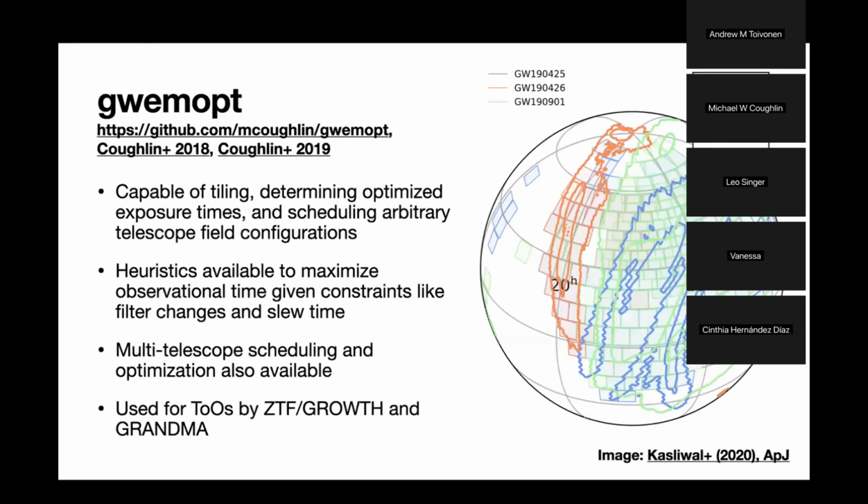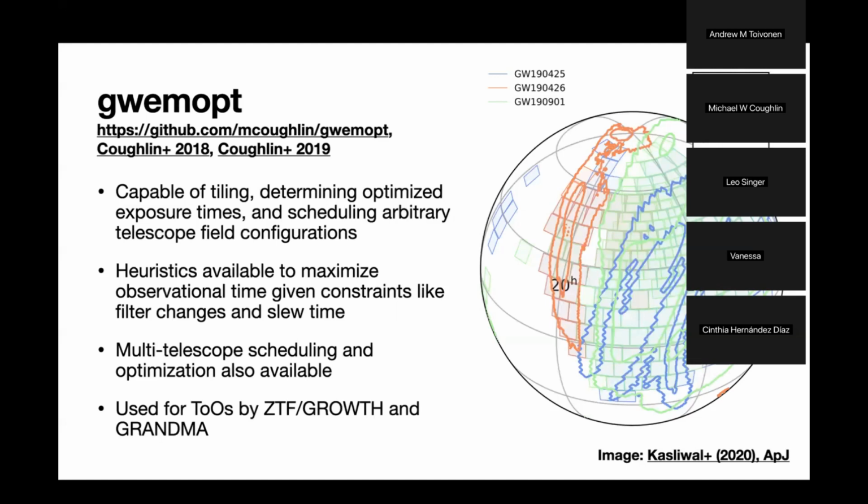And then lastly, I think, there's WEMOpt, which is a multi-facility scheduling toolkit developed by Michael Coughlin and many others, and is mainly designed for scheduling these multi-messenger targets of opportunity.